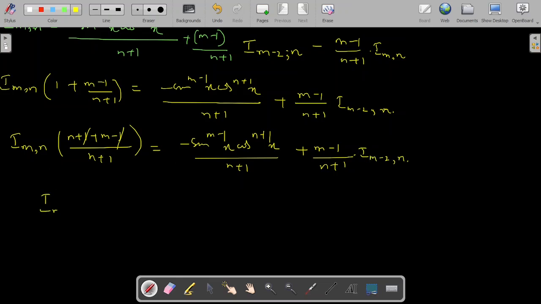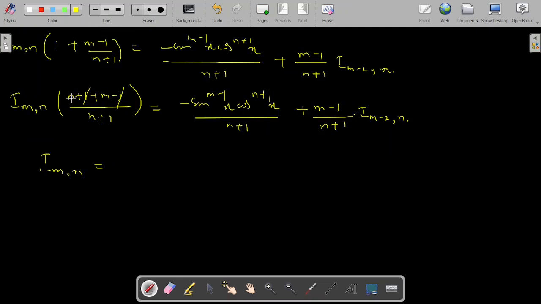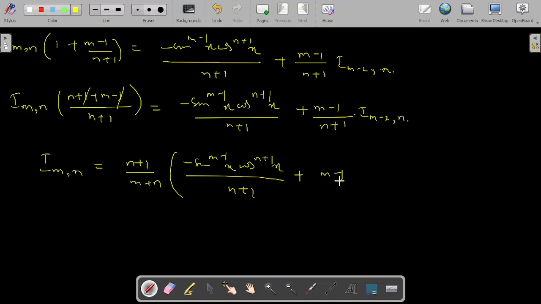So therefore I_{m,n}, which is equal to, here you have (n+m) divided by (n+1). So when you take that to the right hand side, then it becomes (n+1)/(m+n) into this term, -sin^(m-1)x cos^(n+1)x by (n+1), plus (m-1)/(n+1) into I_{m-2,n}.